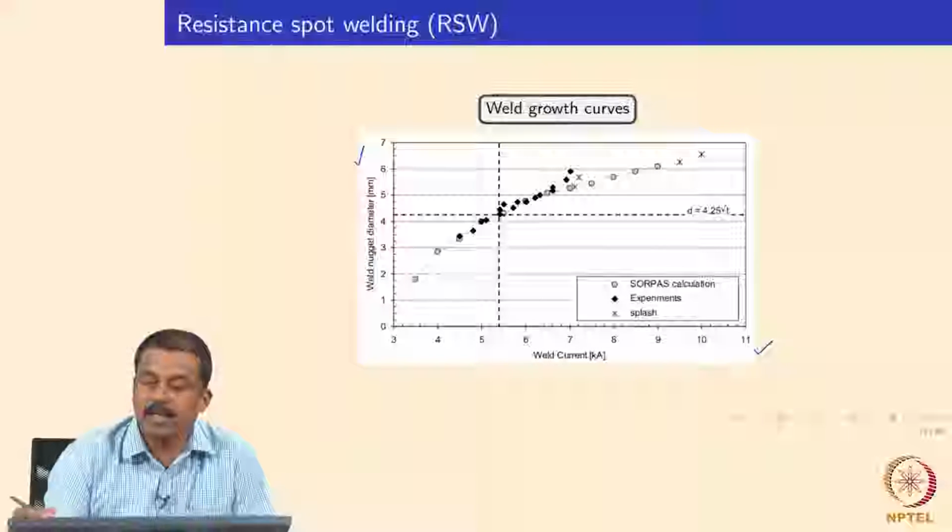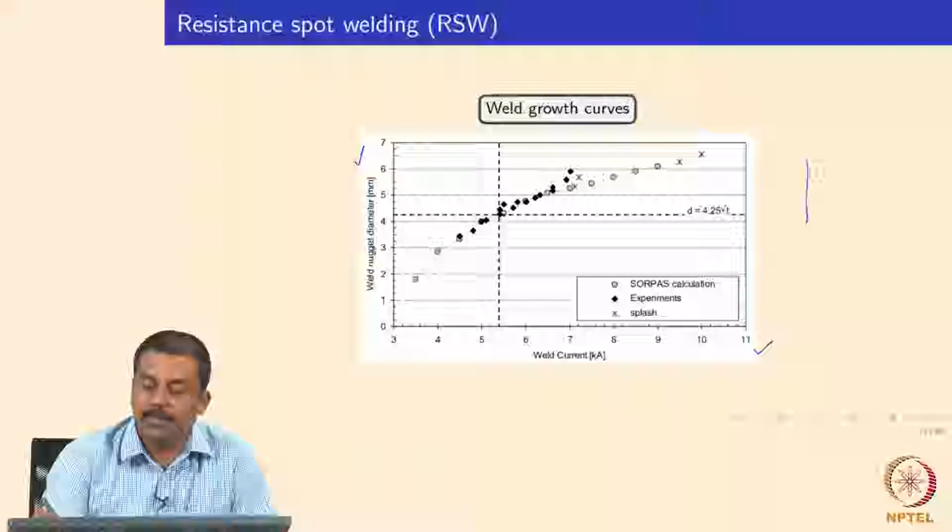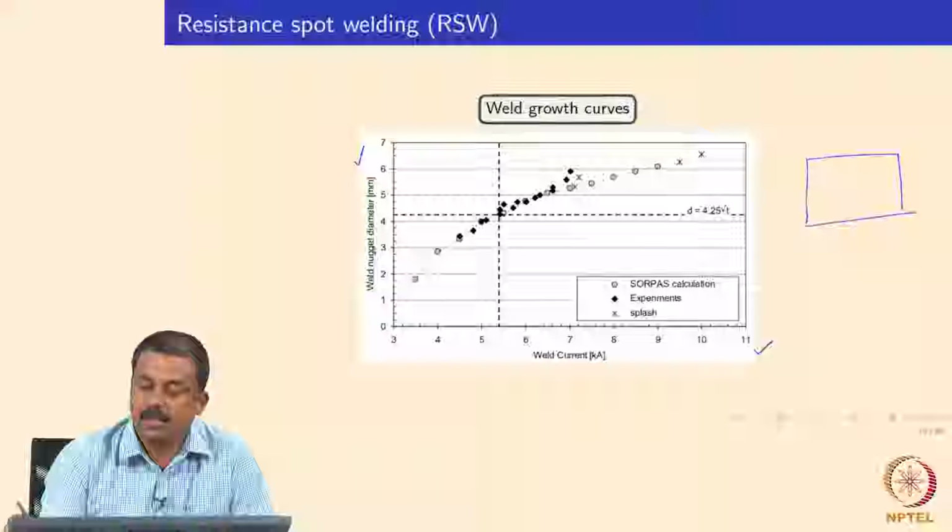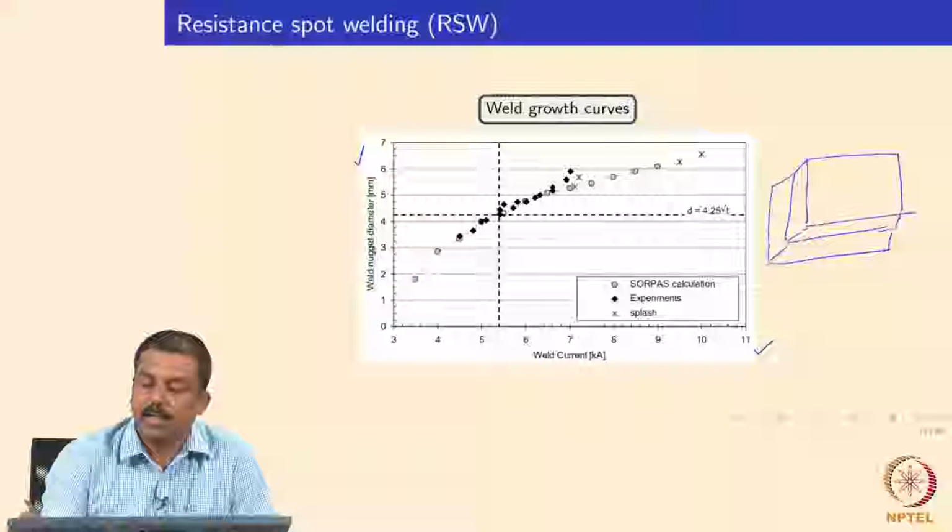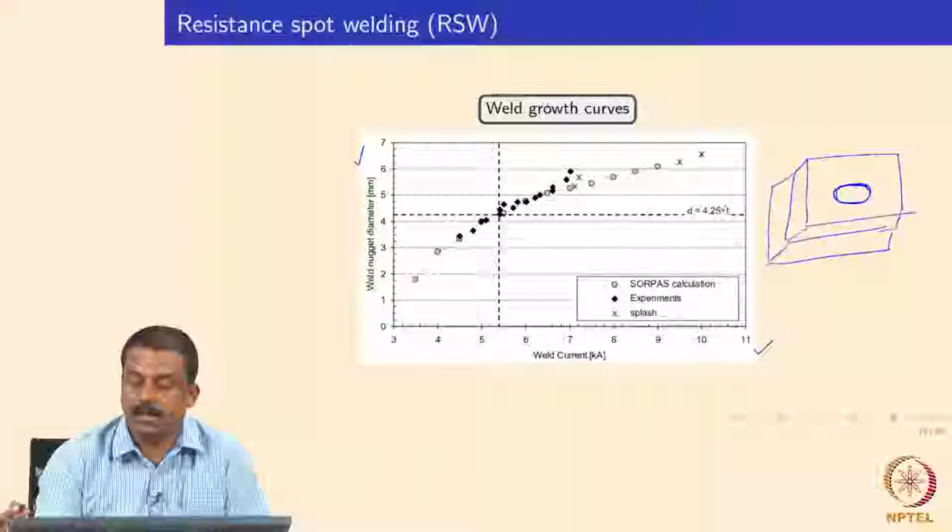So, for example, if we have sheets in an overlap configuration, we have two sheets, one and then another on the bottom of that, and you make a weld at the middle of the plates. It actually goes through the two sheets. The weld nugget can be elliptical or even circular.